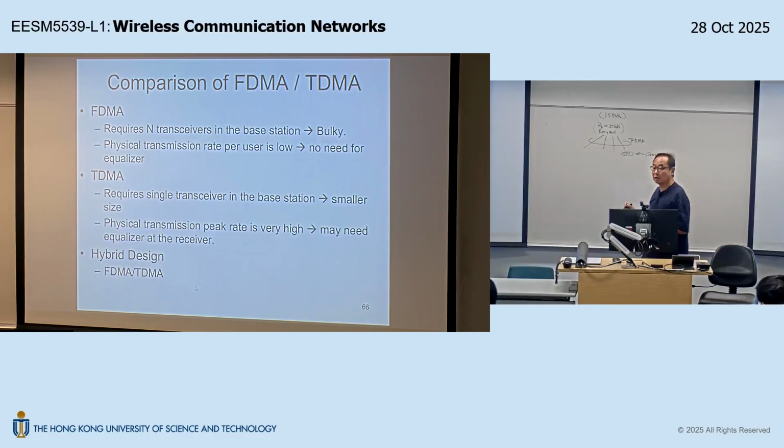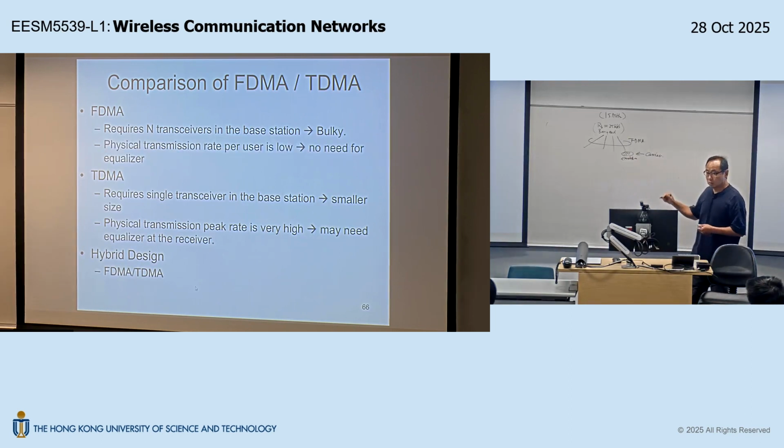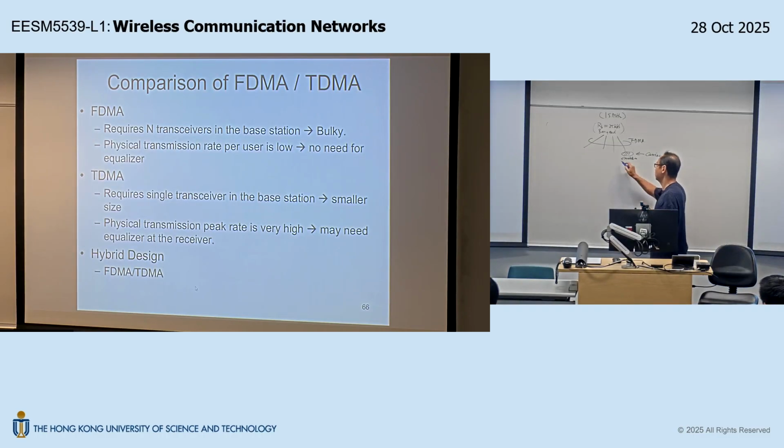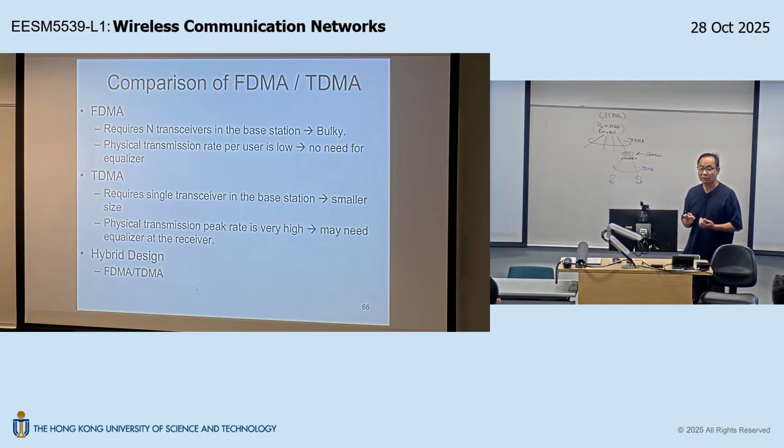Each carrier has a bandwidth of 200 kilohertz. But a 200 kilohertz bandwidth carrier is still too big to assign to a user. And then for each carrier, they further partition using TDMA into 8 time slots. And then they assign a time slot to a user, okay?